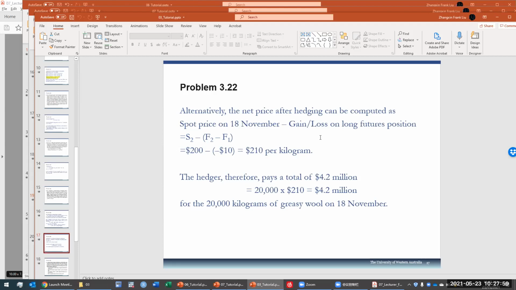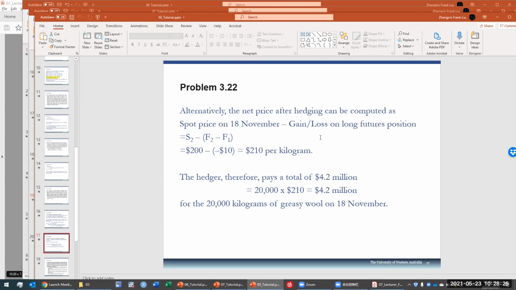And then this is the benefit I receive from holding my futures position. If that is positive, I'm paying less, which is minus. If I have a loss, I'm paying more. That explains why here is minus. For the other case, if you are in a short position, it'll be the other way around, but the overall is the same thing.